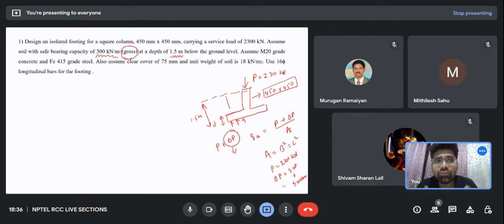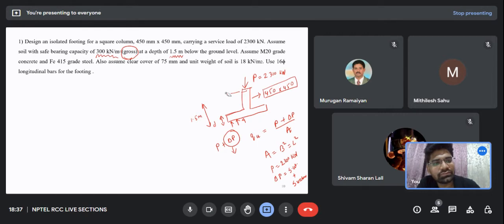So the more depth at which we construct the footing, the more would be the bearing capacity of soil. That is the reason we prefer to go as deep as possible, because the deeper we go, the more will be the bearing capacity of soil. So you can interpret it this way. This was just for making some sense of these questions.